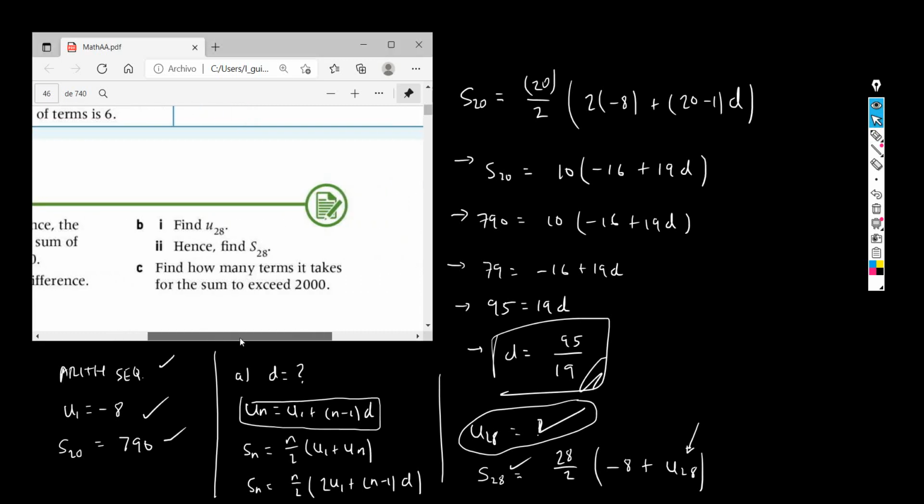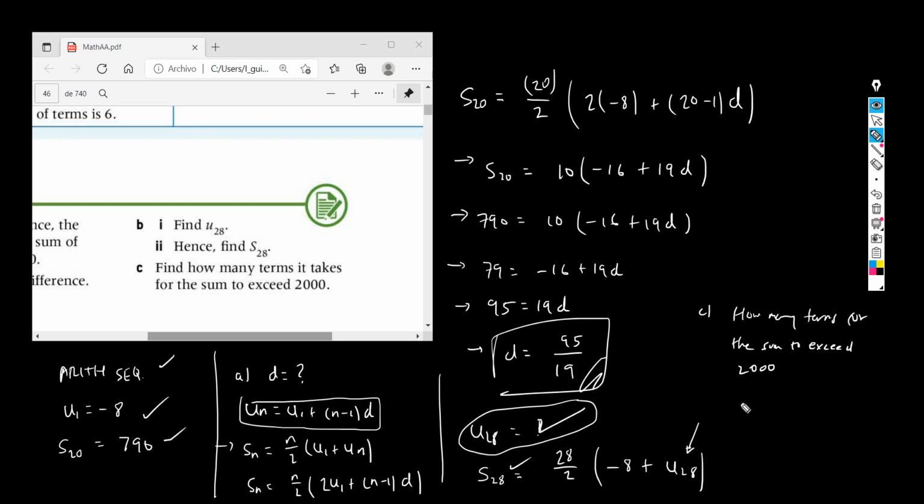And finally, letter C, find how many terms it takes for the sum to exceed 2000. Okay, so basically what we want to find in here is this.